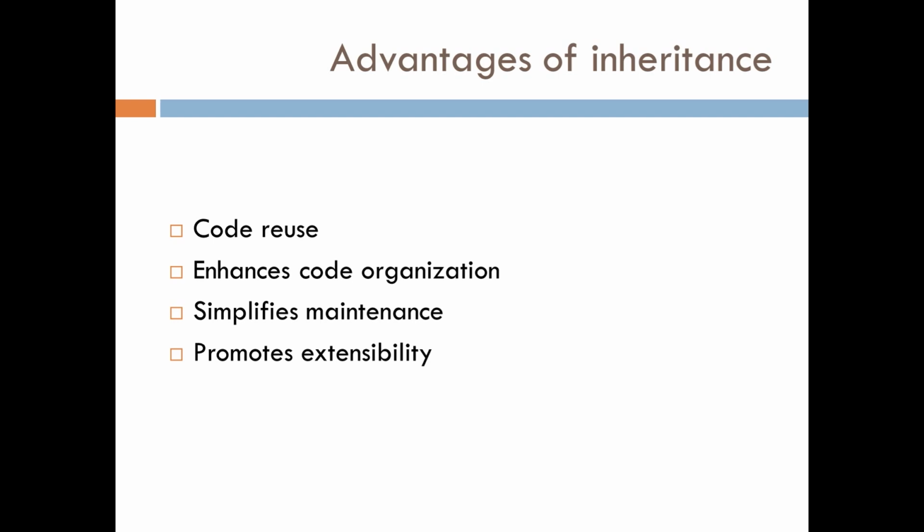Next, it simplifies maintenance. If any modification is needed, by changing the base class, that change will be applied to all of the derived classes. Next, it promotes extensibility. We can easily extend the code.